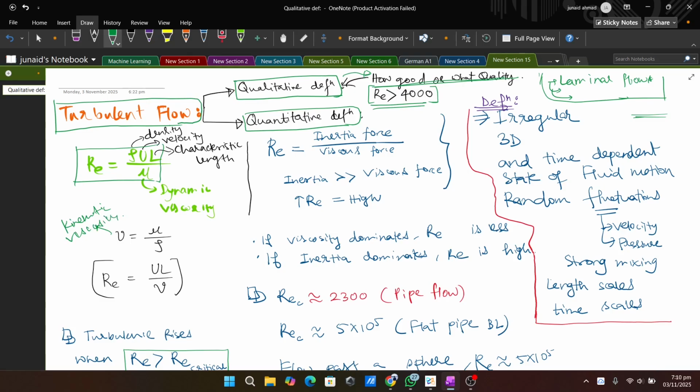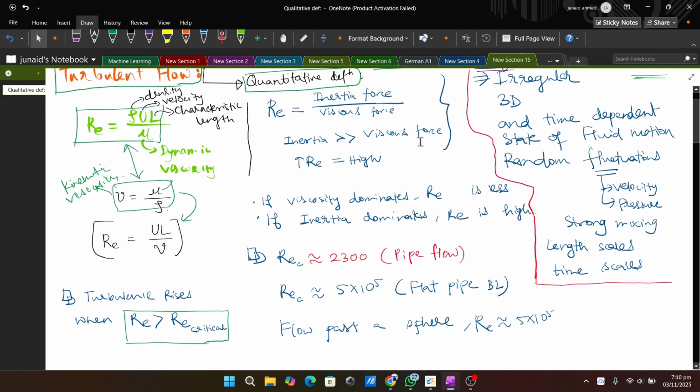Okay, this is basically the resistance to flow against gravity. This is the dynamic viscosity, and this is the density. Okay, and then we just put the value of this into the equation, and then we got this equation. Okay, we talked about Re, inertia force over viscous force. If inertia is very high, then the value of the Reynolds number is very high. Okay, if viscosity is dominating, your Reynolds number will be less.